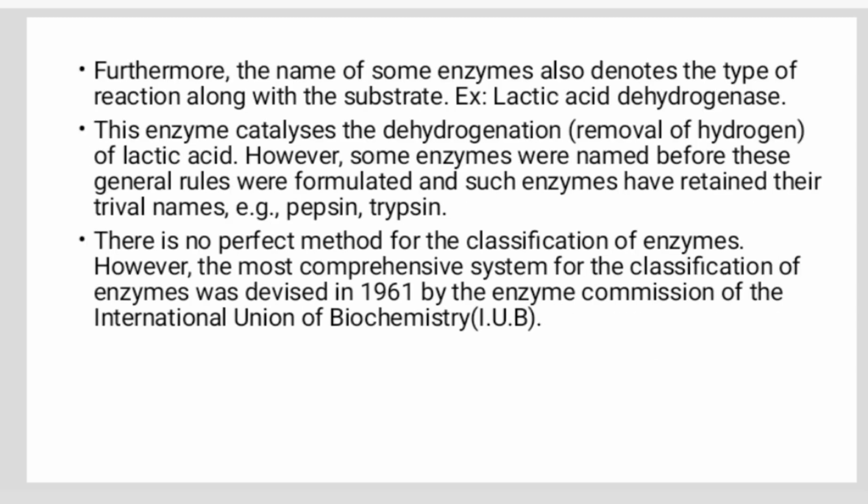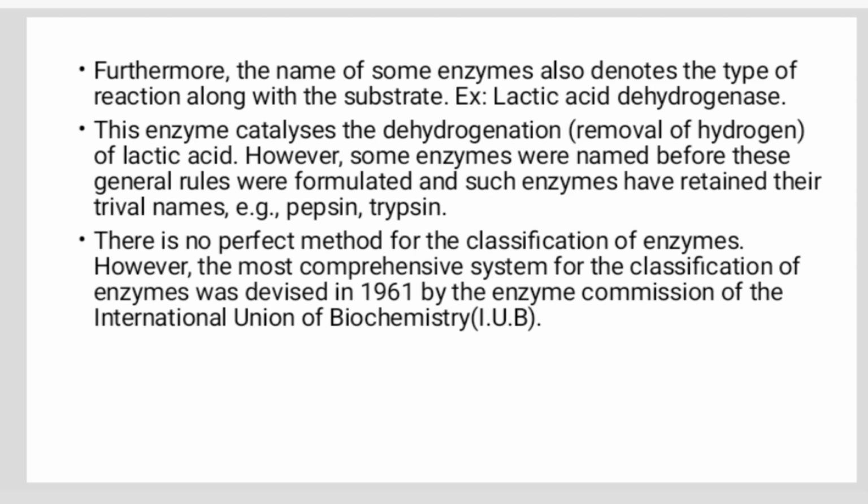Furthermore, the name of some enzymes also denotes the type of reaction. Based upon the reaction, the enzyme is named, like lactic acid dehydrogenase. This enzyme catalyzes dehydrogenation; the "de" indicates the removal of hydrogen from lactic acid.